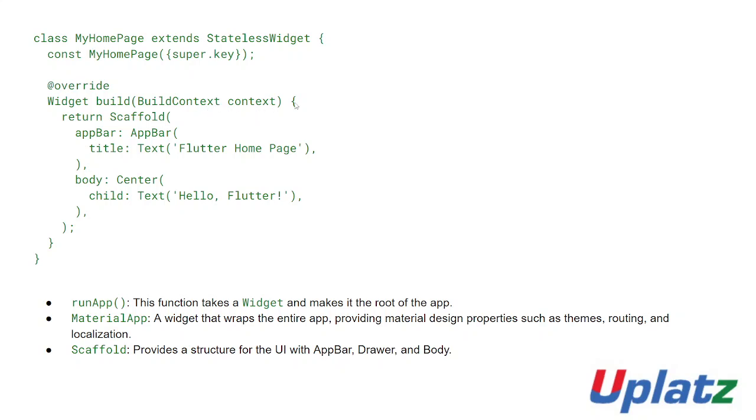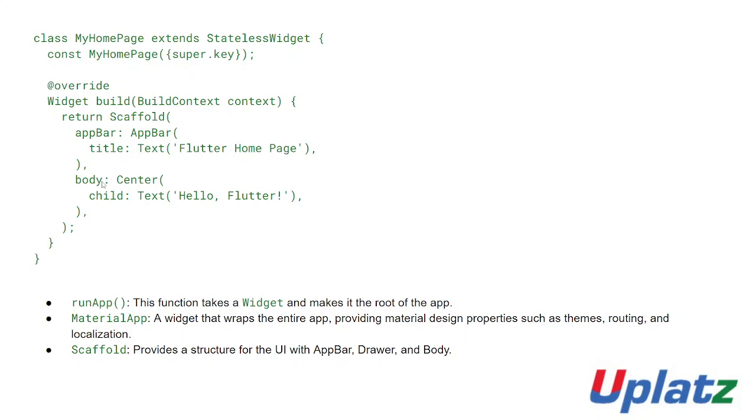Then curly brackets, return Scaffold, appBar: AppBar, then title: Text('Flutter Homepage'). Please remember that Text is also a widget. AppBar is also a widget. This is the property, and this is the widget class. This is the property of Scaffold.